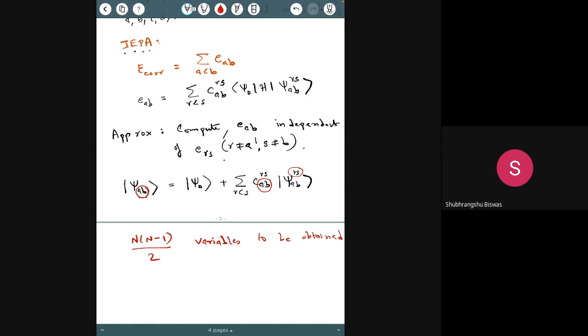So in my coefficient C_AB to RS, if this is one variable, then C_AB to RQ is another variable, and so on, AB going to RS.